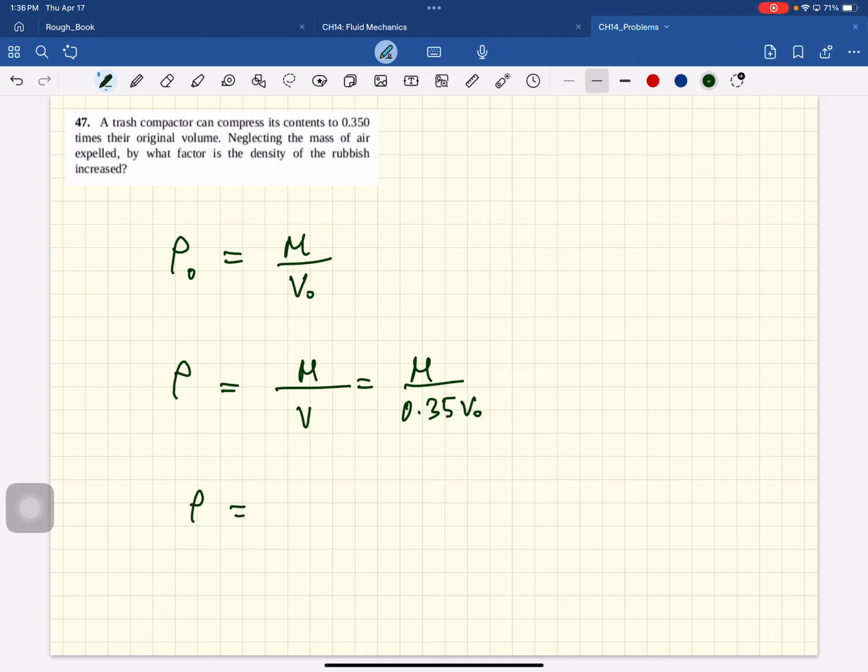So the new density is 1 over 0.35 times the old density. So 2.86 times.